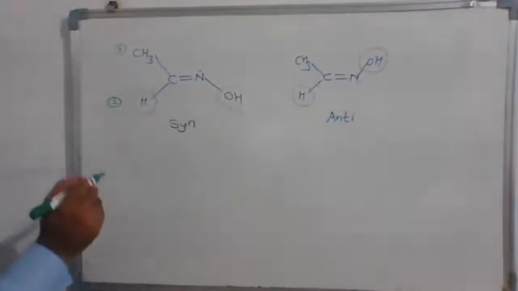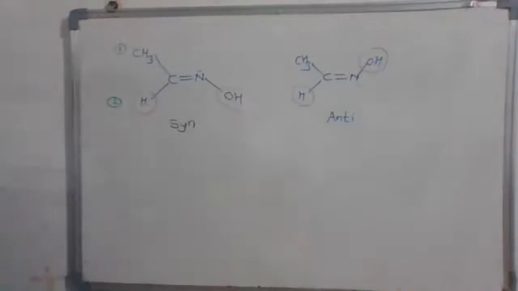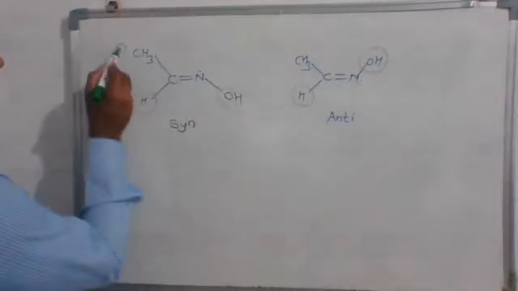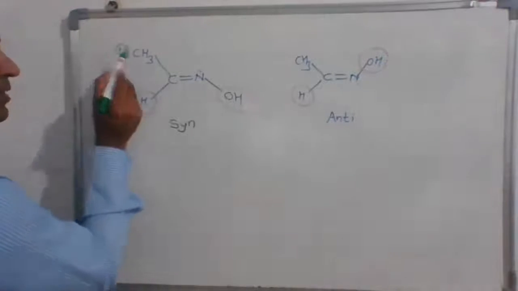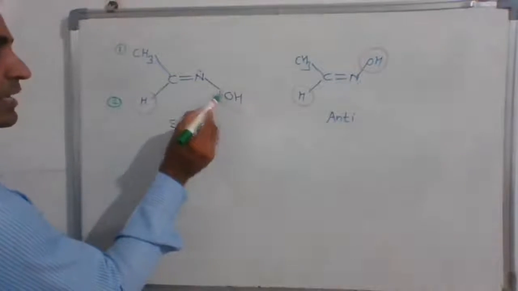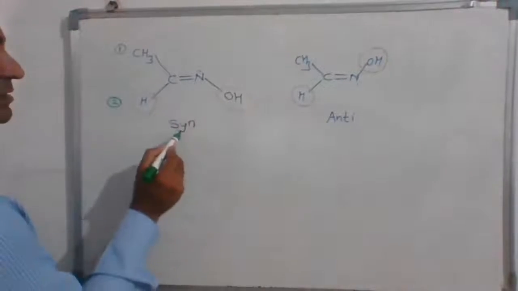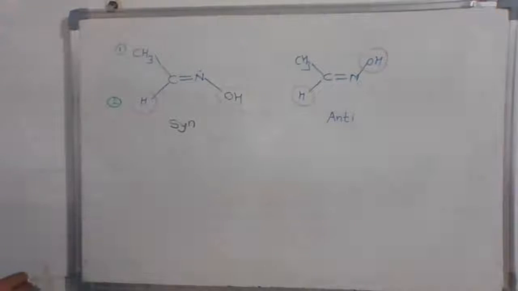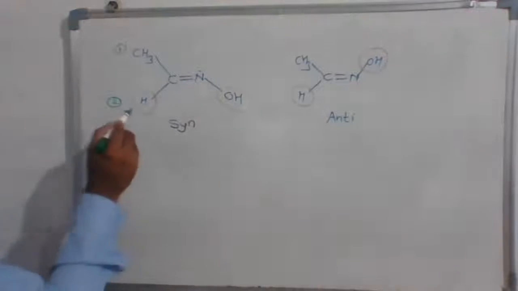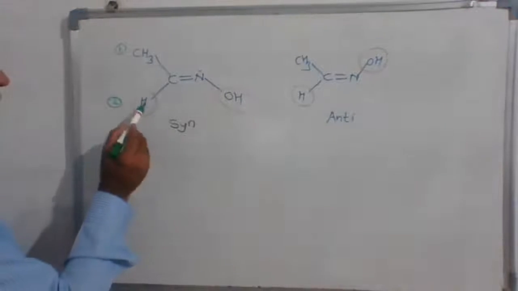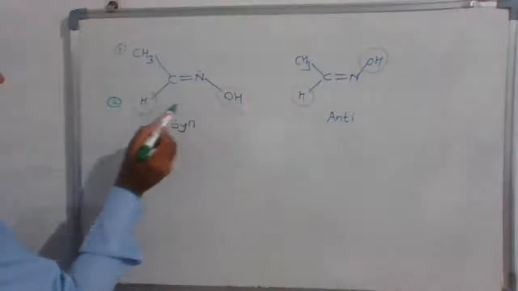Okay, so the definition we saw on the slide earlier: when the first priority group and OH on nitrogen are on opposite side, then it is syn isomer. It depends on what we are comparing. If we are comparing with hydrogen, then we can say if hydrogen and OH are on the same side, then it is syn.